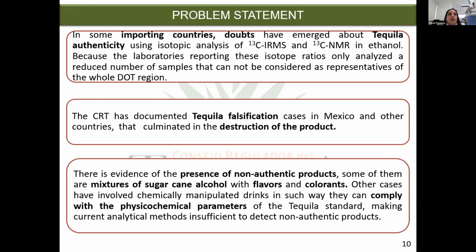With this, we can say the CRT has all the information about every single batch of tequila, and the CRT has the advantage that they have access to all the industry, and we can obtain a representative universe of samples.